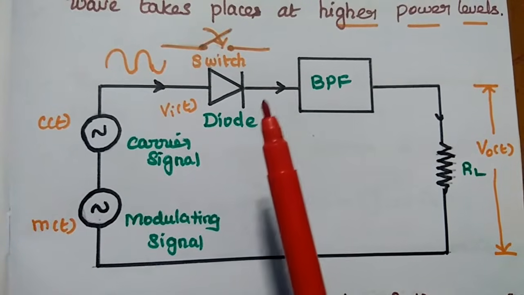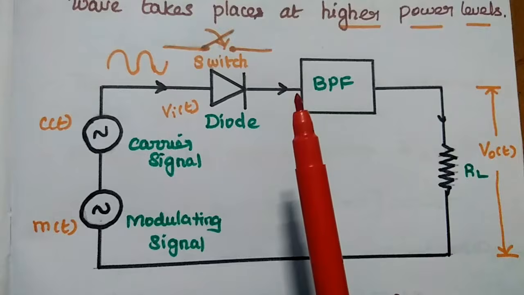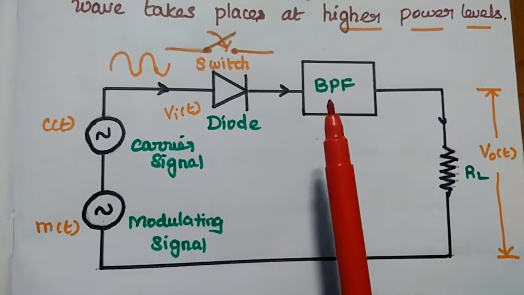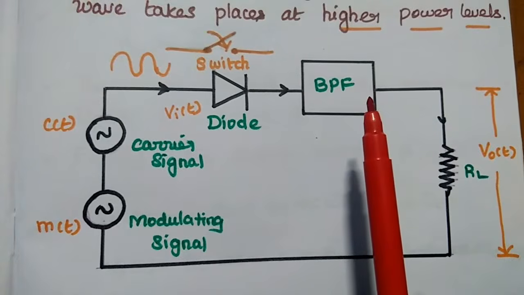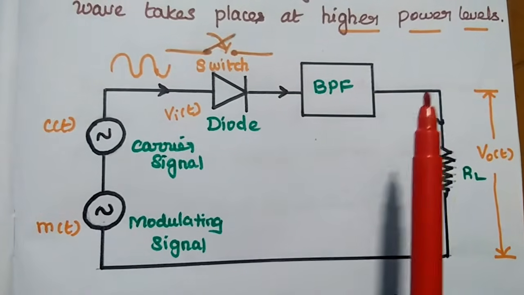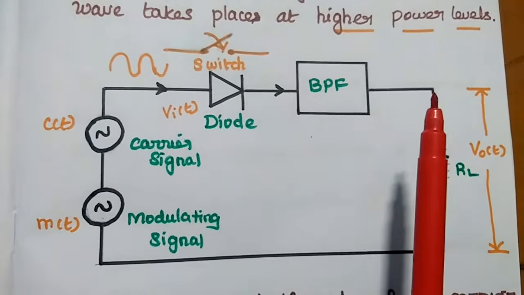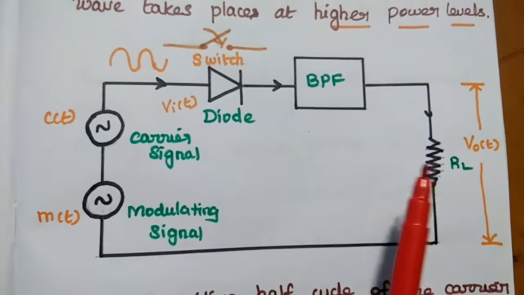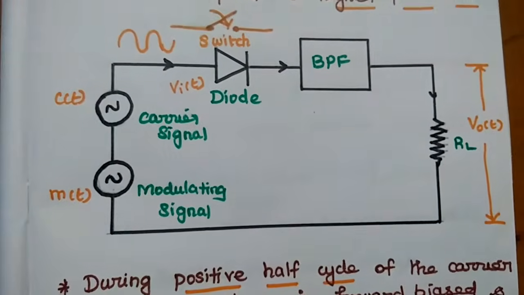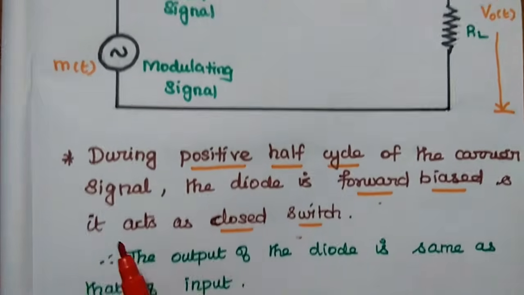After the switching operation, the output of the diode is given to the band pass filter, where we can extract the desired signal to be transmitted as an amplitude modulated wave. That is V0(t), the output signal at the end of the switching modulator.